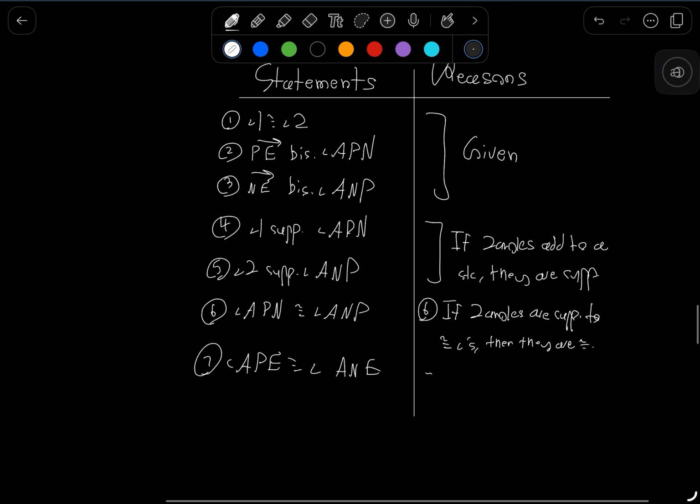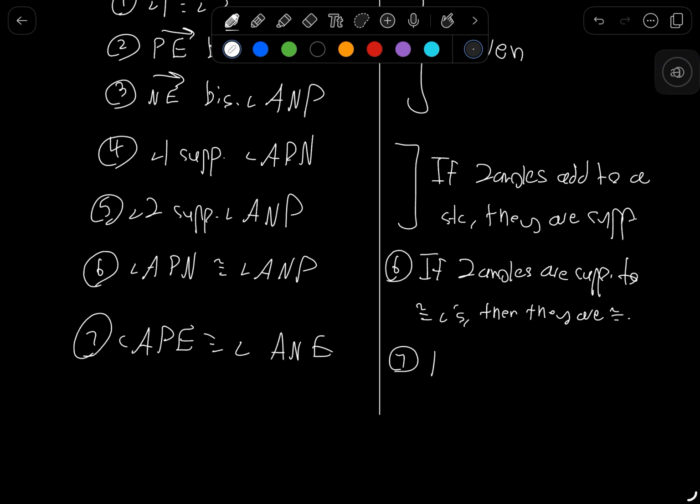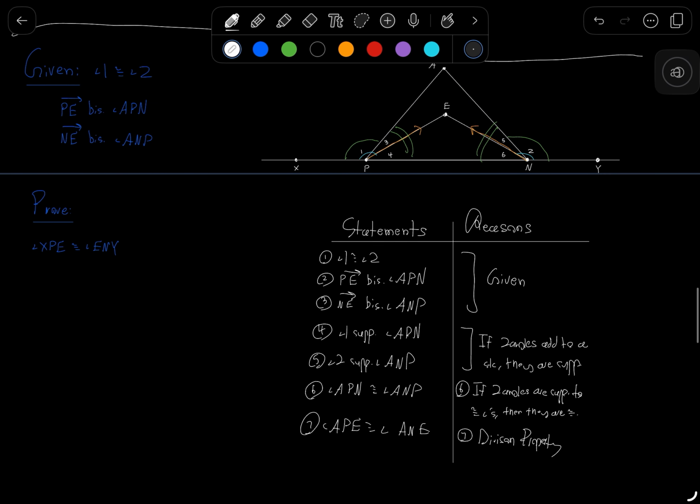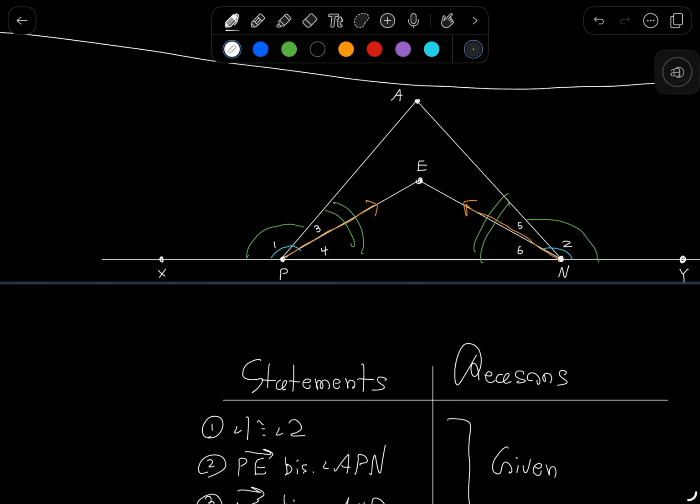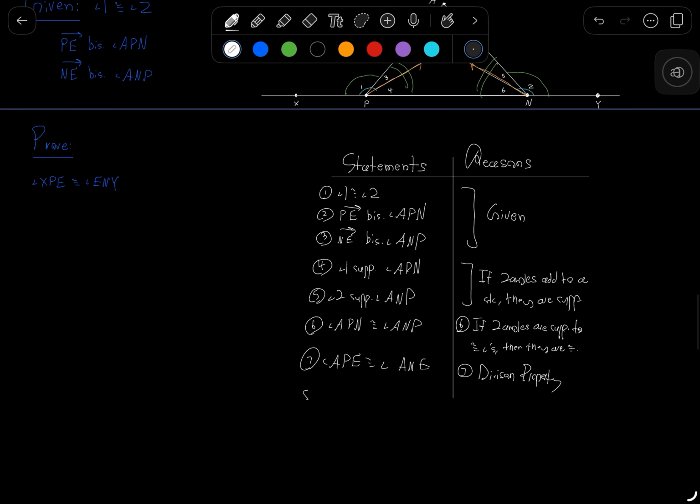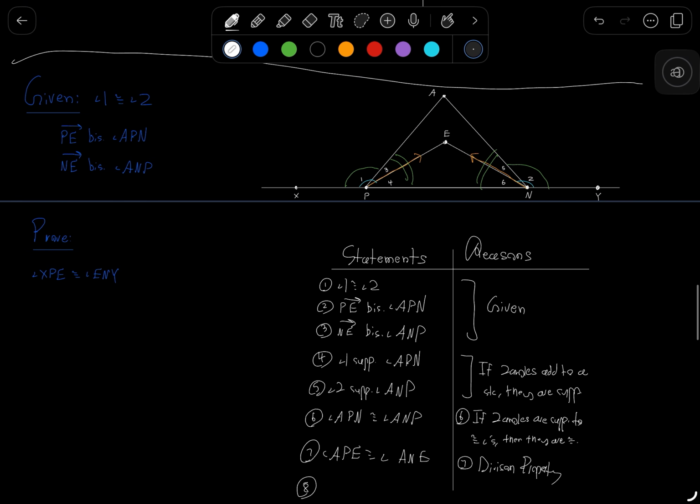The reason is, and I would encourage you to write the entire theorem down, but for the sake of this problem, I'm just going to put division property. Now that we've written that down, APE is congruent to ANE, right? We can actually make our final step here.